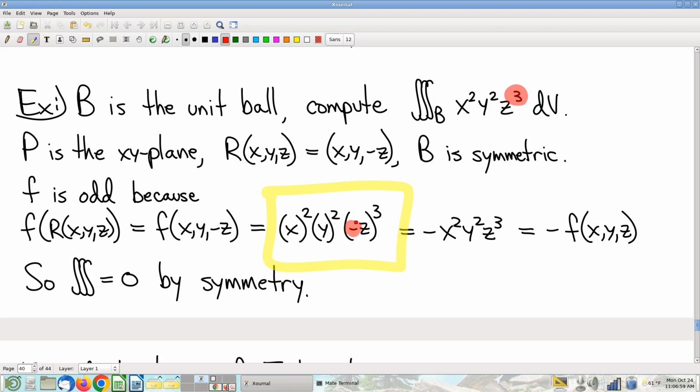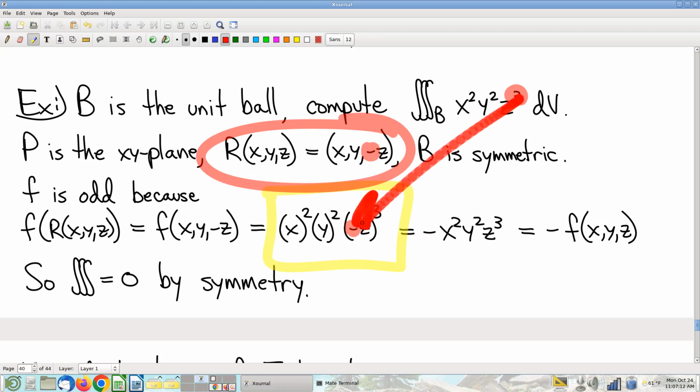And knowing that you want to have a minus sign there motivates this formula for your reflection. And once you know the formula for your reflection, you can draw the picture and persuade yourself of what your plane is. So my thought process was kind of like this. That's where I got the XY plane from. I saw the 3. I like the odd number. I want to get a minus sign attached to that exponent of 3, which happens by this reflection, which happens by this plane. Okay. All right.